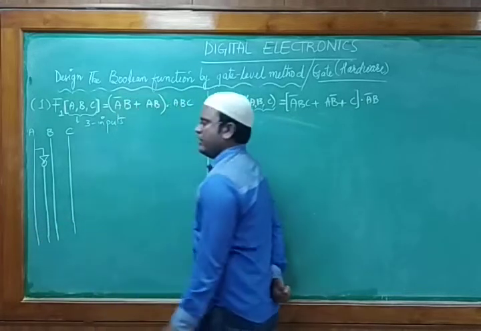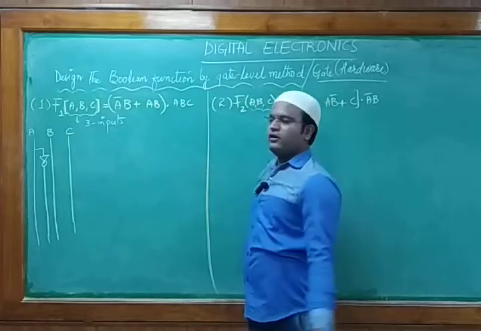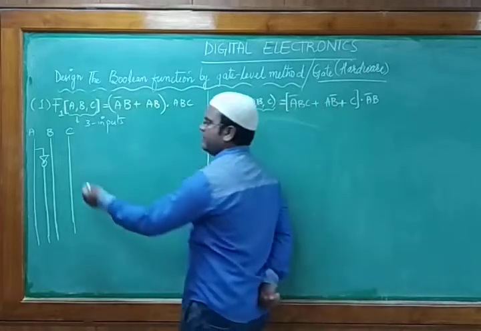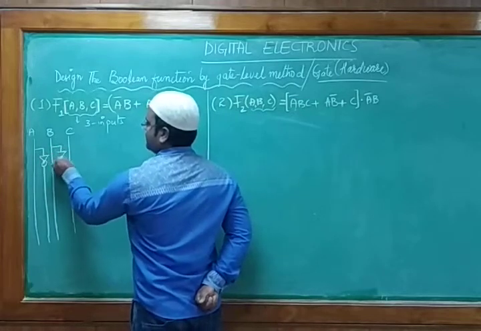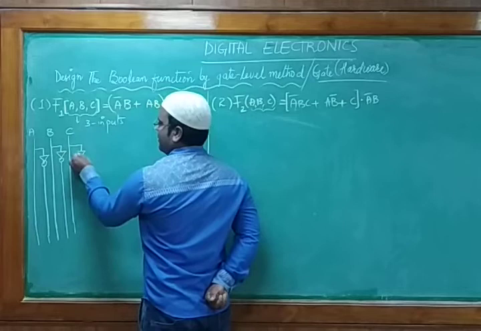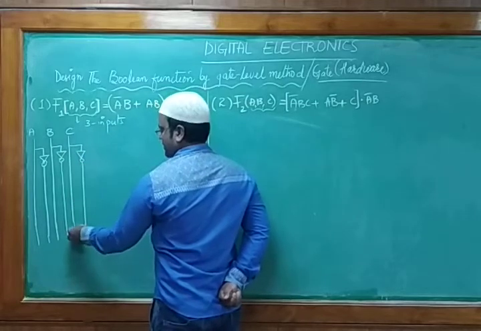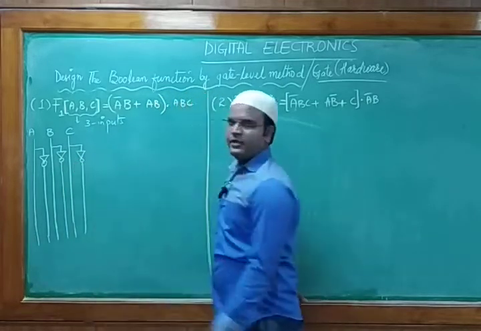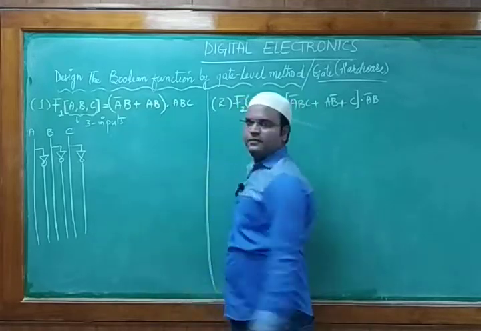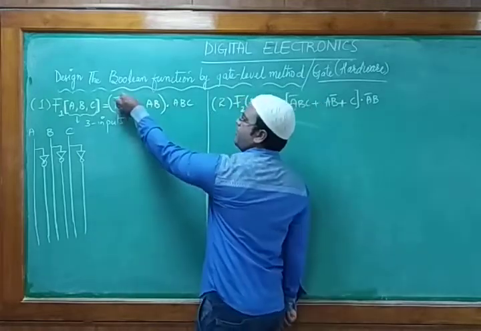We are using one NOT gate because in the expression only A needs a complement. Or else if you want to draw the NOT gate for B and C, you can do it, but there is no connection for B and C because we don't have any complement for B and C. First thing we had A bar B.